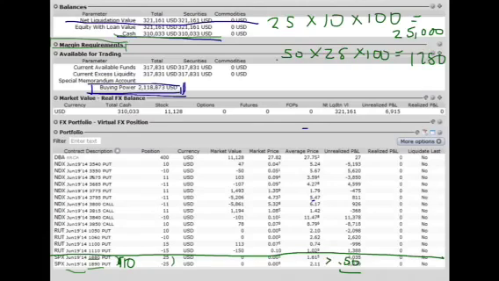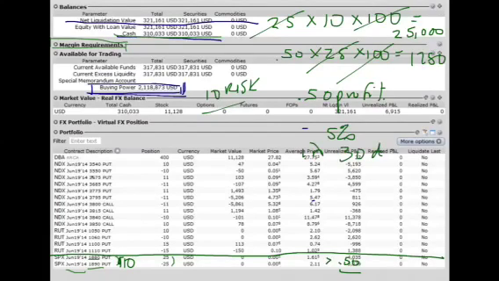And we can make this a heck of a lot easier and just cancel out the 25, cancel out the 100, and say for every $10 we put at risk, we got 50 cents. $10 risk, we get 50 cents profit, which is a return of 5% in, like I said before, about 30 days.